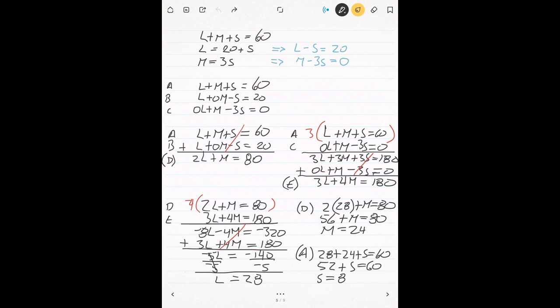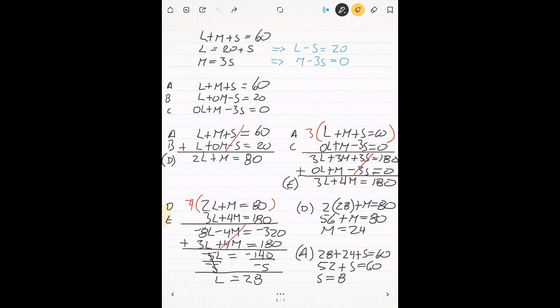So with that said, we went through and I started by taking A and B, and I canceled out the S variable here to get equation D. Then I took A and C, and this time I canceled out the same S variable, but to do that I had to multiply this whole equation by 3, and I got the E equation.